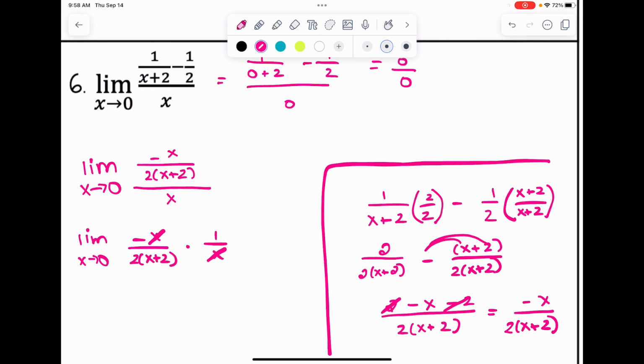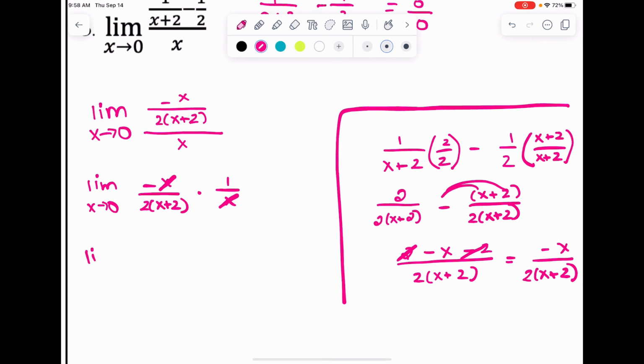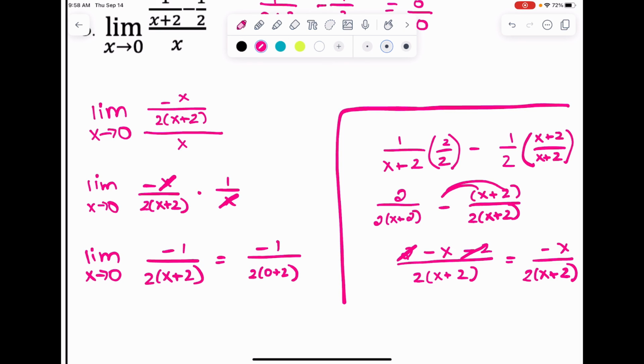And you can see we got some more simplification going on. So we have the limit as x approaches 0 of -1 over 2 times x plus 2. And we are going to now resubstitute. So we have -1 over 2 times 2 basically. So -1/4 as our answer here.